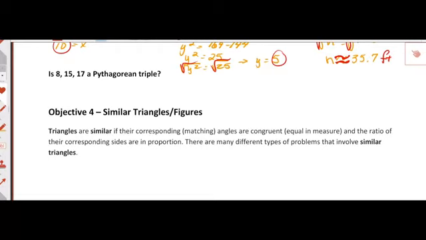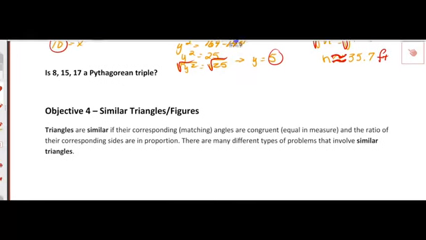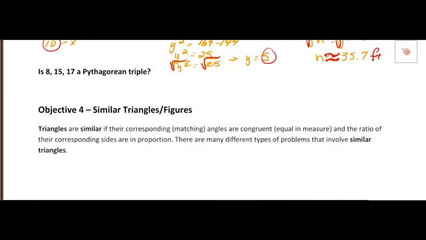Okay, last part on the Pythagorean theorem: is 8, 15, 17 a Pythagorean triple? A Pythagorean triple is where the first value is a leg, the second value is a leg, and the third value represents your hypotenuse.